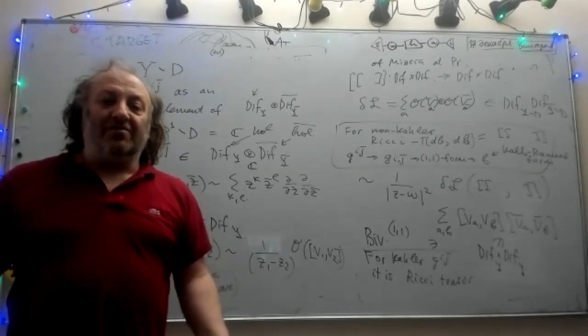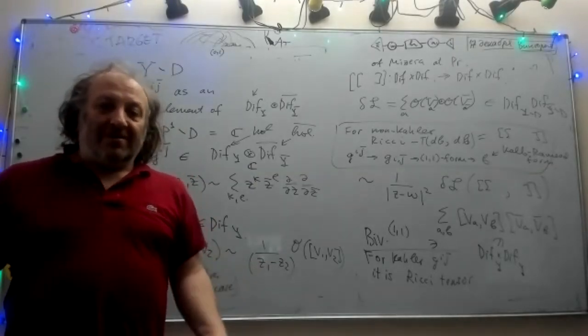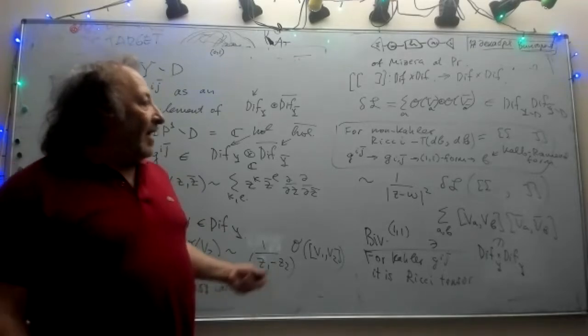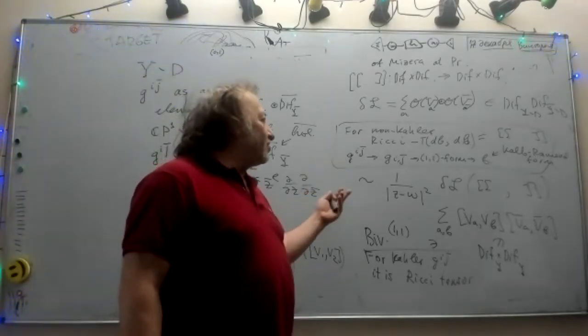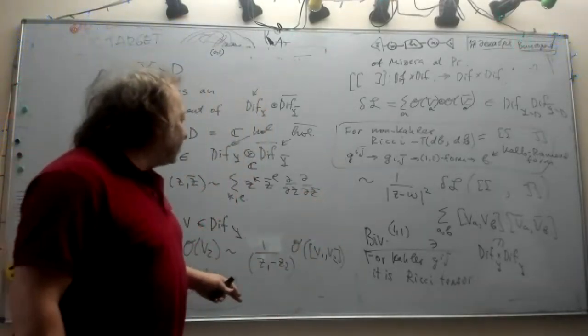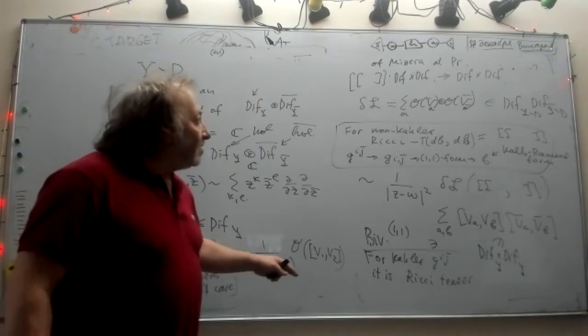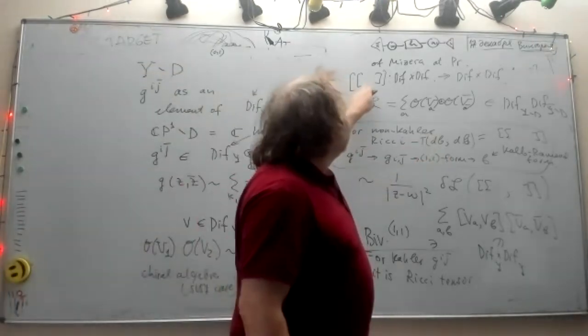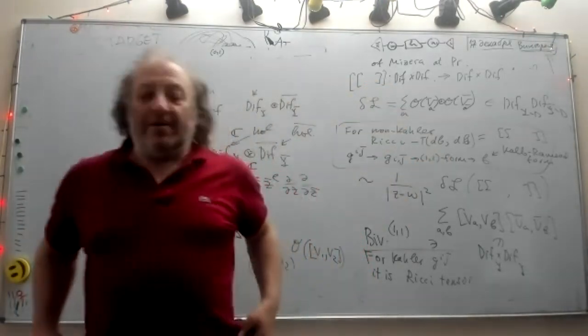You take this theory, you deform it from the instantonic point, and you check what the beta function should be. So you see that it is like this. It is given by the double bracket formula.